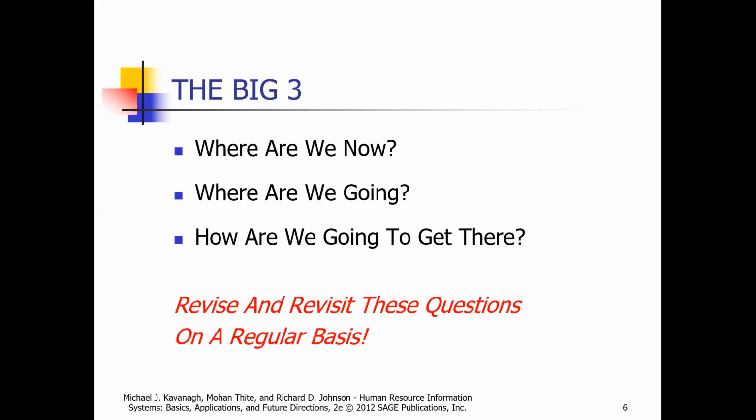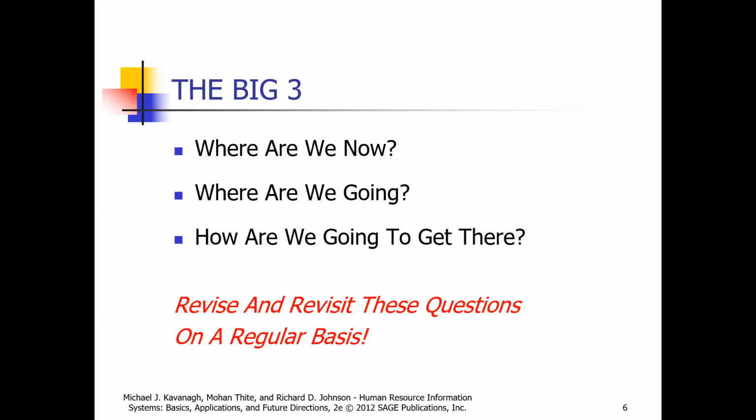They are the basic ones in which the organization asks itself: where are we now, the present or current situation; where are we going, the future situation; and the process, or how the organization is going to get there. These are now known as the big three.